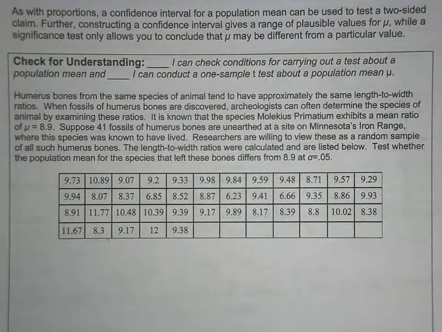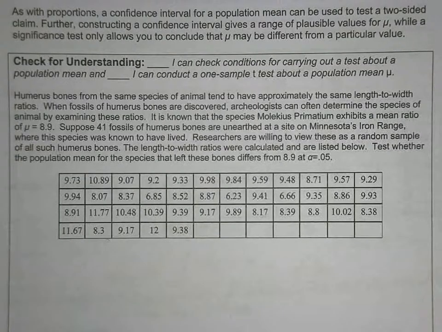The problem says that humerus bones from the same species of animal tend to have approximately the same length to width ratios. When fossils of humerus bones are discovered, archaeologists can often determine the species of the animal by examining these ratios. It is known that the species Molichius primatium exhibits a mean ratio of 8.9.